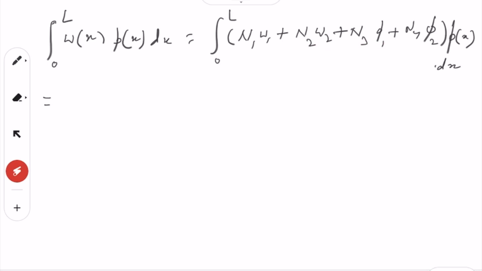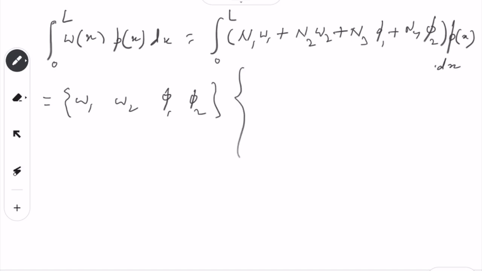Okay, so if you see here, this is just a summation, so we can write it like this. It will be equal to W1, W2, phi 1, phi 2, and then we will have the forces, F1 F2, and let's call it M1 M2.